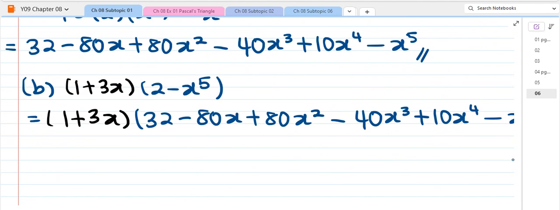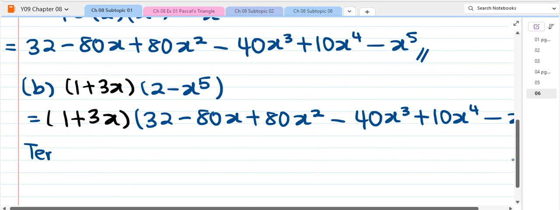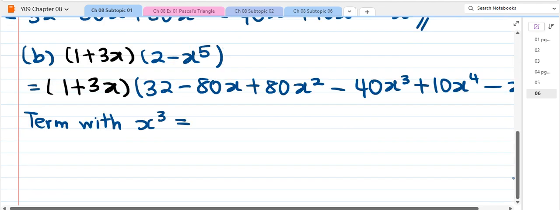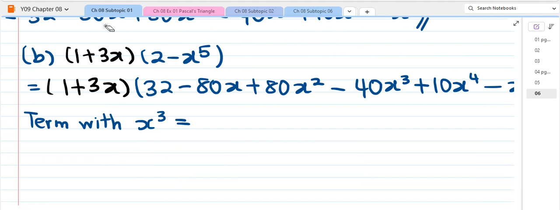So let's have a look at the term that will have x to the power of cube. So over here, for this type of question, you don't have to expand everything. You just need to expand what you need to have, which is x to the power of cube.